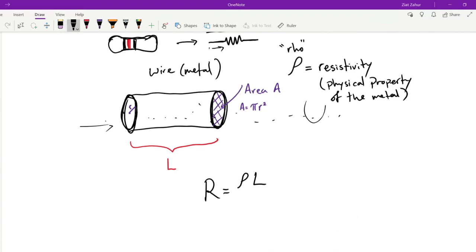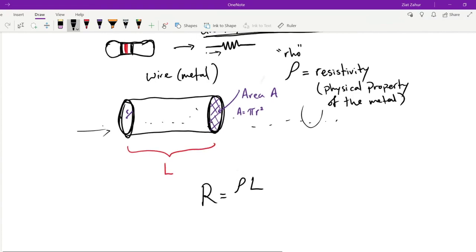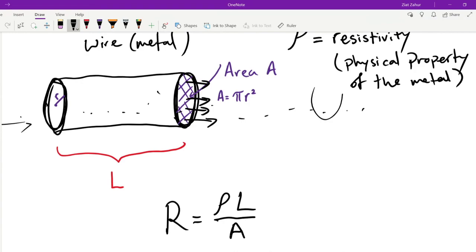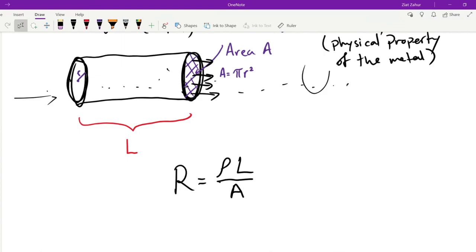Area has the opposite effect: the bigger the area, the less resistance. Think of area as opening up more lanes on the freeway. More lanes means more cars going through, so more things can pass through if your area is bigger. Therefore, A is in the denominator, so that when A increases, the resistance goes down.